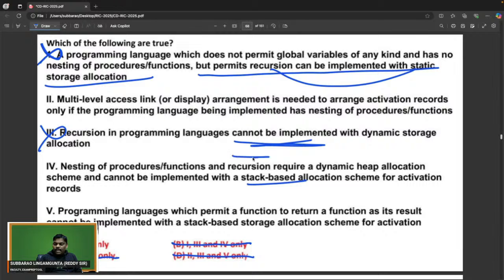Stack and recursion are possible, so that is actually true. But he is saying nesting cannot be implemented. That is the reason it is false.